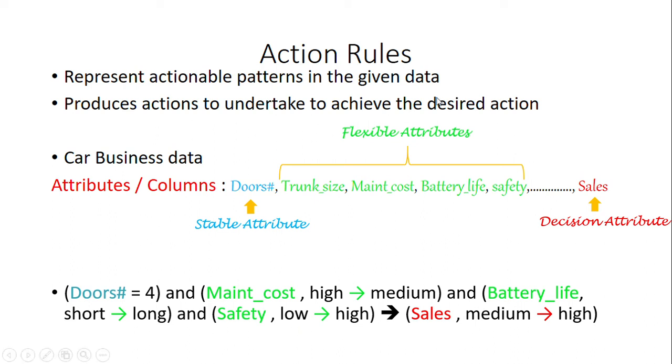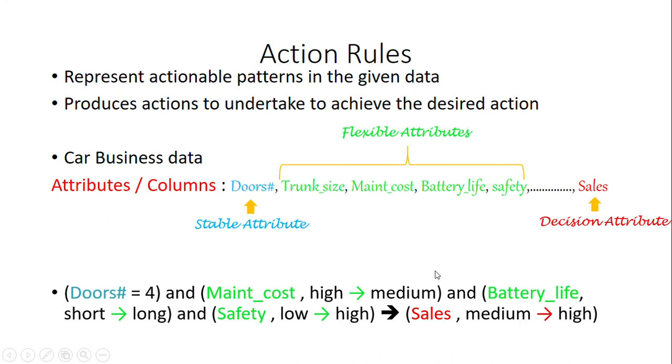It tells that since the doors count is a stable attribute, we say that if the doors count is 4, from the flexible attributes we can generate all these actions. If the maintenance cost is decreased from high to medium, and if the battery life is increased from short to long, and if the safety measures are increased, the sales is going to improve.